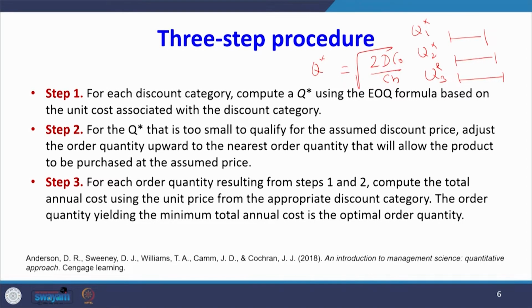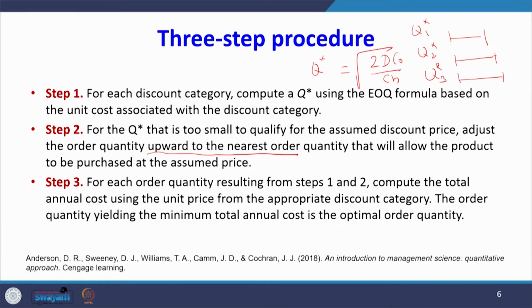Look at step 2: for a Q star that is too small, for example, if Q star is very small, we cannot avail this discount price. So at that time what do you have to do? We have to order the quantity upward to the nearest order quantity. We have to look at the right hand side, the upper limit, for which quantity we can get the discount. That will allow the product to be purchased at the assumed price.